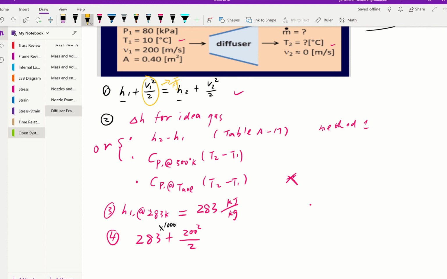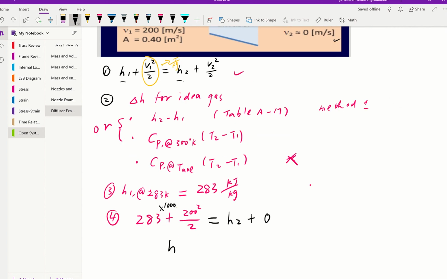So they will be consistent. That's equal to h2, which we are solving for, plus V2, which is 0. Then we can figure out our h2 value.